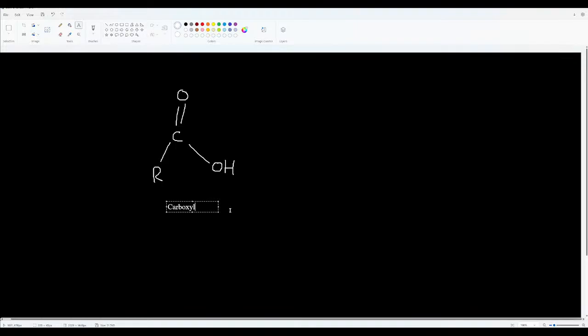While technically correct, carboxyl is correct. These are more commonly known as carboxylic acids. And that's for the future. But it helps to know that these are in fact acids, because these are going to come in handy when we talk about amino acids. This is the acid portion of amino acid. We can say carboxyl, but I always refer to these as carboxylic acids.